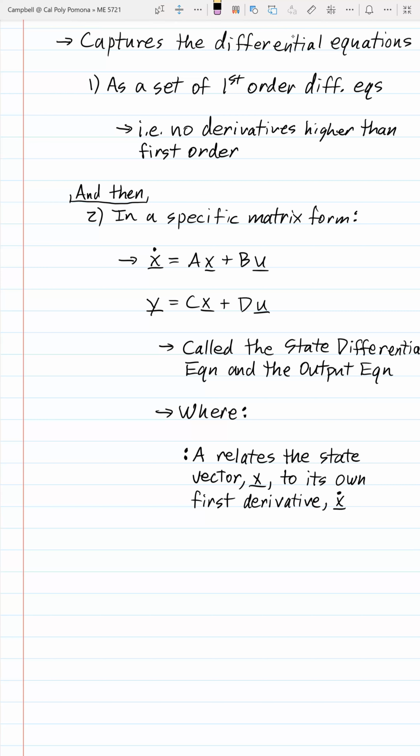Because the whole point of what we're trying to discuss here with the transient response of the system is how things are changing in time. So the A matrix relates the X vector to its own derivative, i.e. how that vector is changing in time, or how the values associated with that vector are changing in time. And this is called the system matrix.